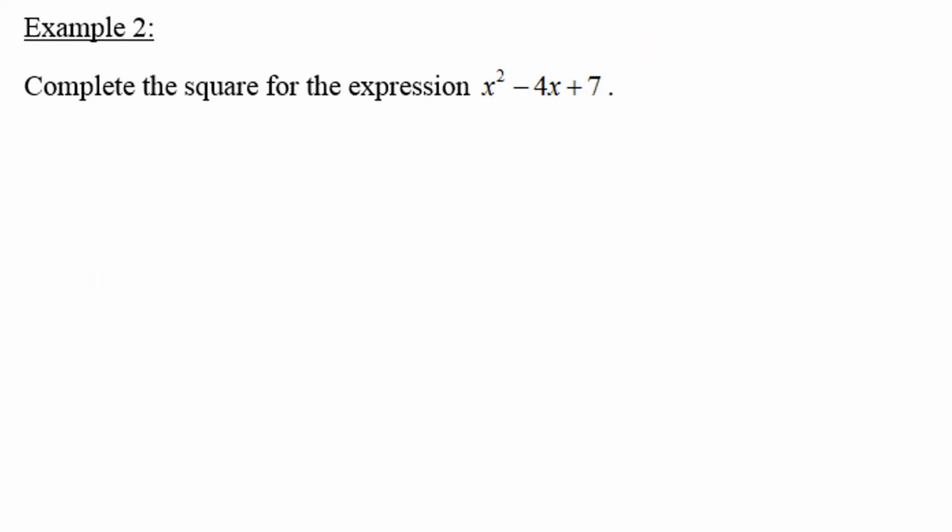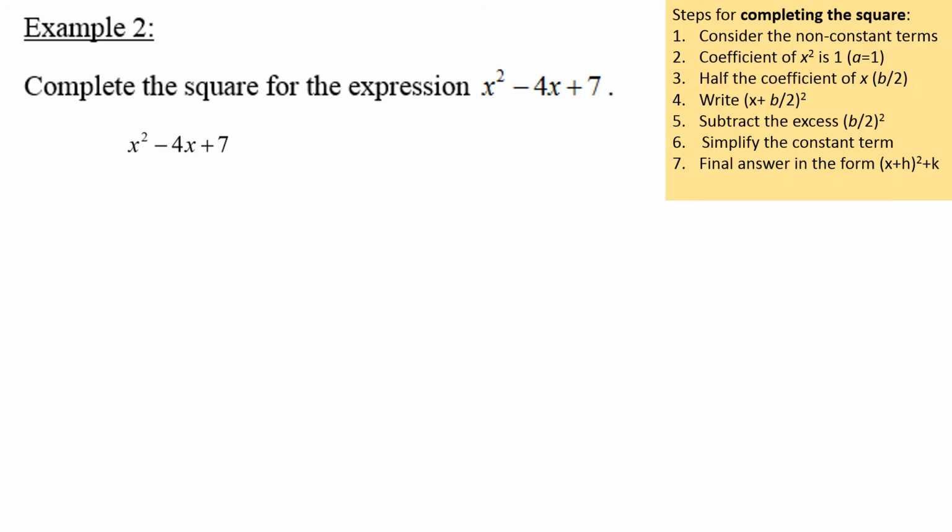Example 2. Complete the square for the expression x squared minus 4x plus 7. Let us write the expression on our answer sheet and remind ourselves of the steps for completing the square. First, I'm going to consider all the x terms, x squared and minus 4x.